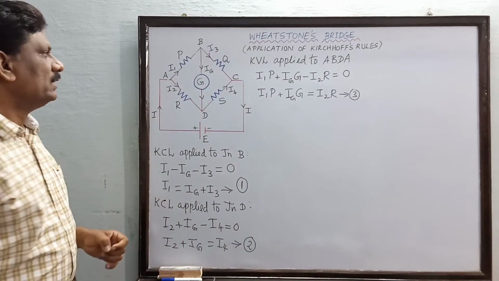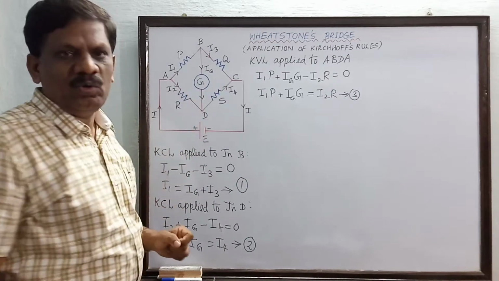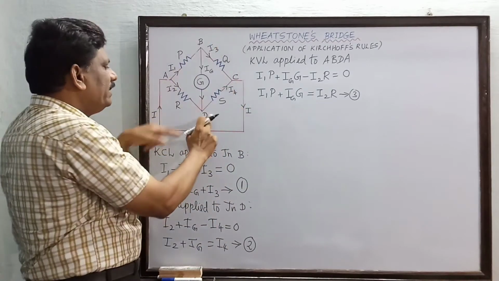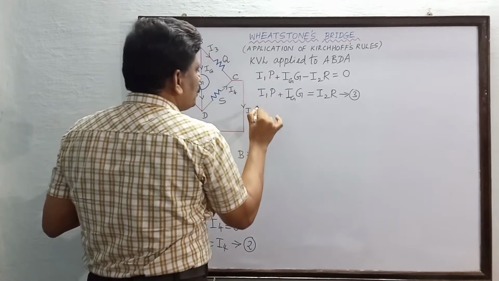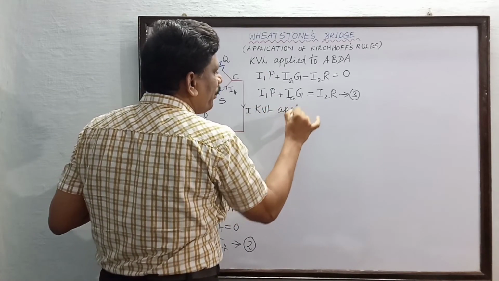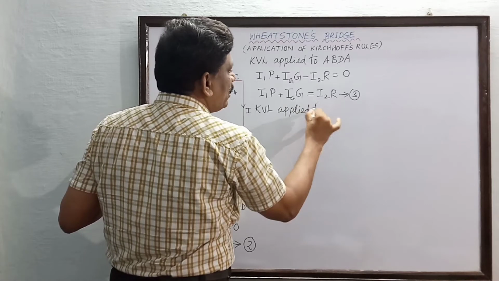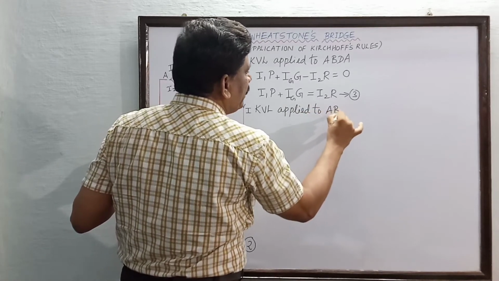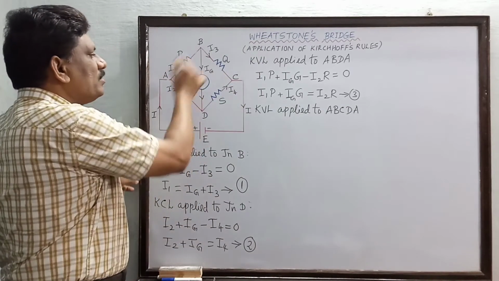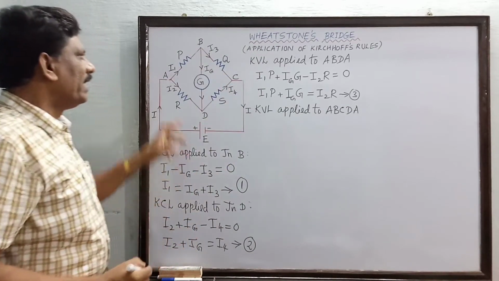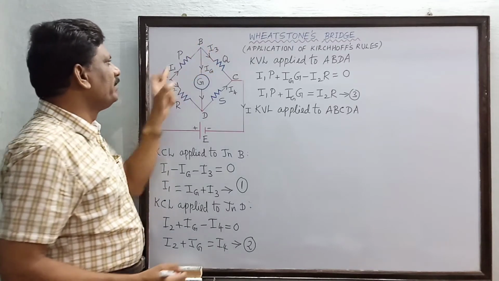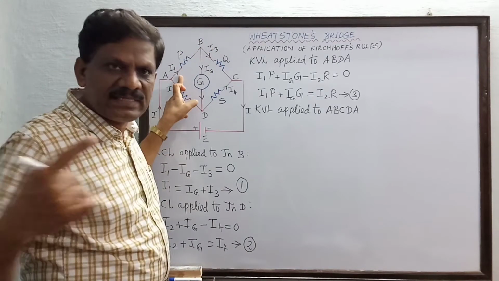Now once again another loop I am going to consider, that is A, B, C, D, A. So Kirchhoff's voltage law applied to the closed path A, B, C, D, A. In this closed path, I proceed from A to B. Current I1 also is in the same direction.